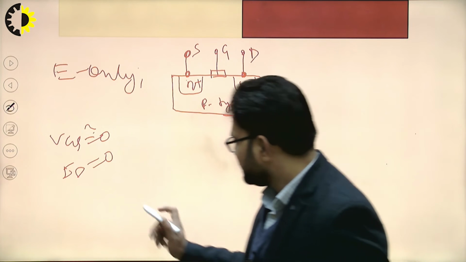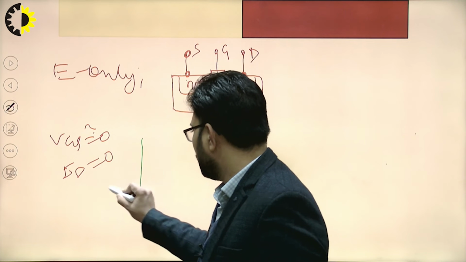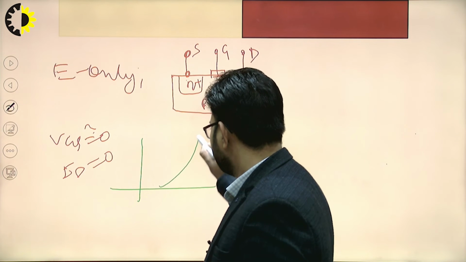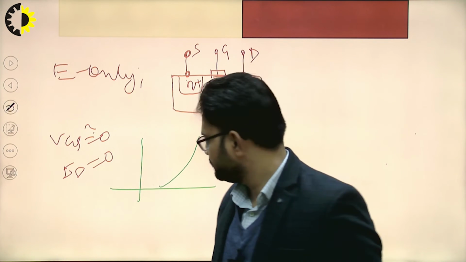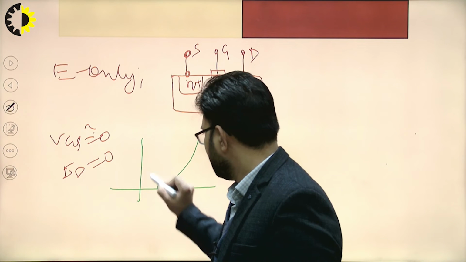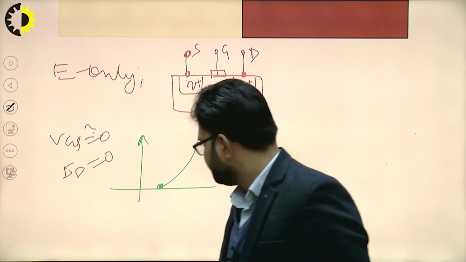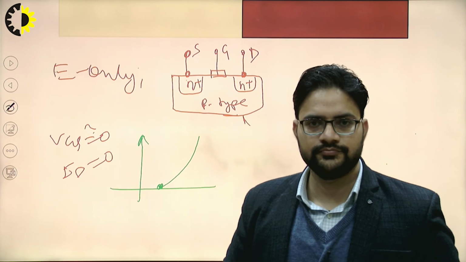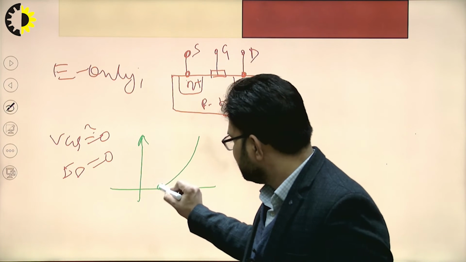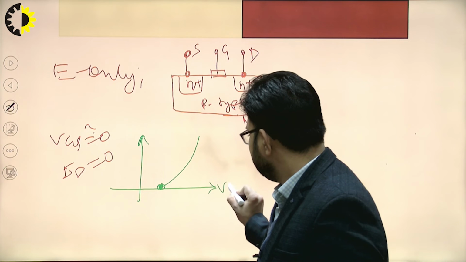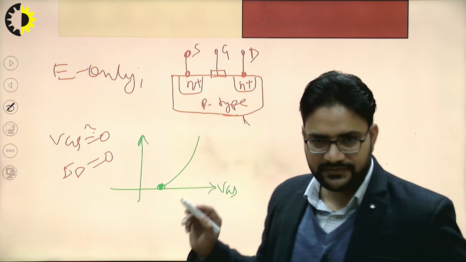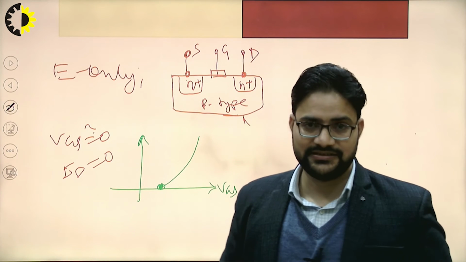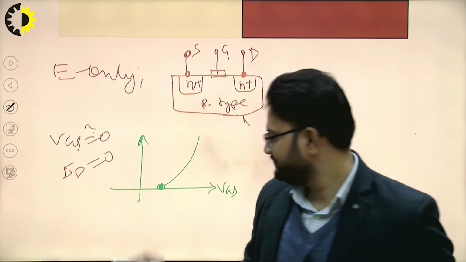Okay, and the drain characteristics will look like this one. Right, this VGS value, after which it will start conducting, is called the threshold voltage.